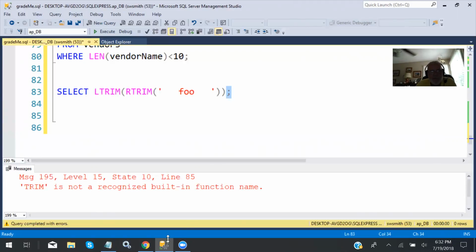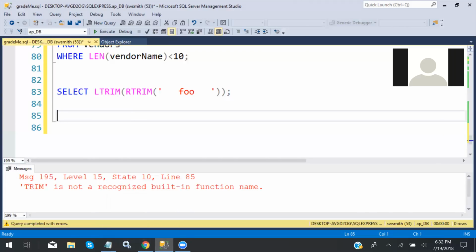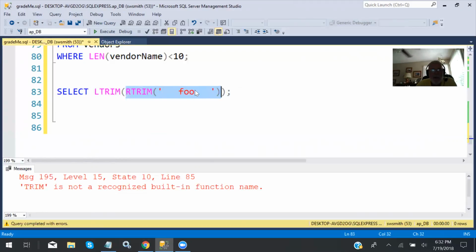Questions? So you are saying that if you switch L trim and R trim, they still won't change anything. Okay. It won't change anything. So this says L trim, what you get back from R trim is going to chop off these guys. L trim is going to chop off these guys.